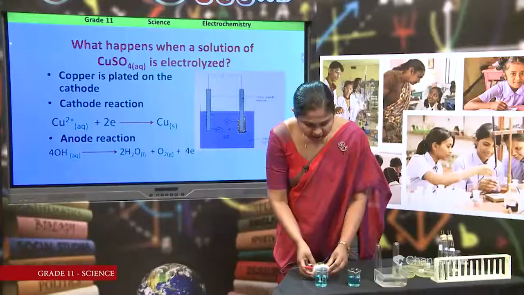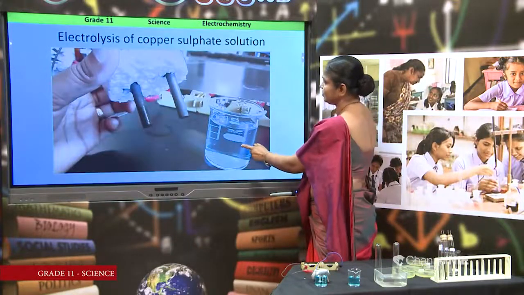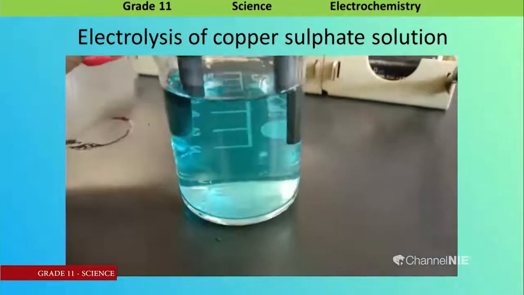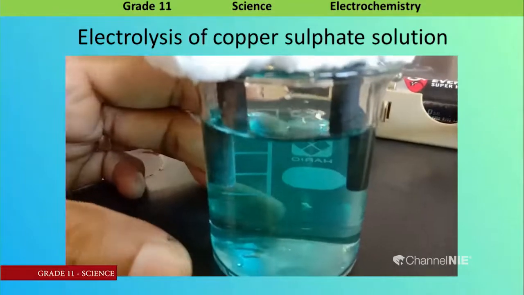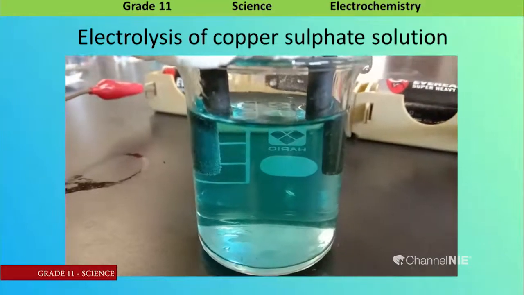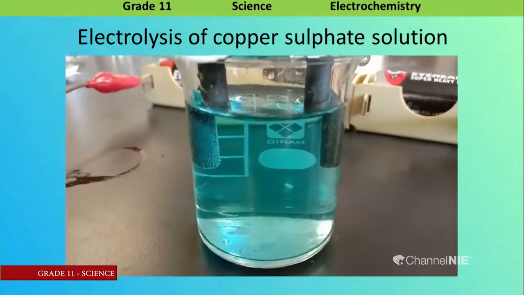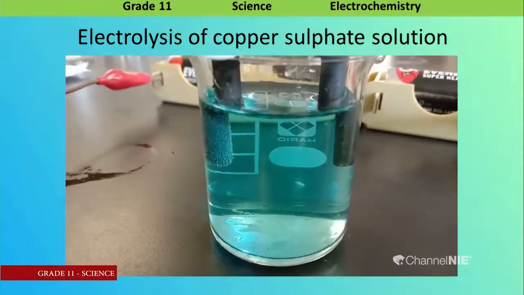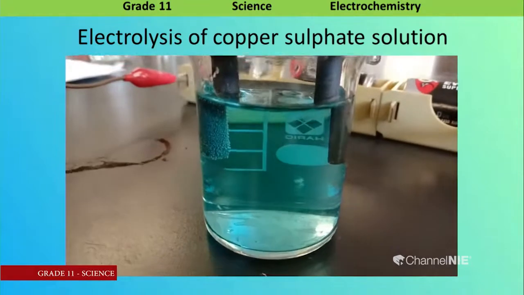Okay, right. Let me show you a close-up video of this particular activity. Here these are the two carbon rods. Now you observe the color of the two carbon rods, children. And here you can see how air bubbles are generated, air bubbles are releasing from the anode, right? What is this gas, children? This is oxygen, right? We know that as hydroxyl ions are oxidized at the anode, oxygen gas is released, okay?